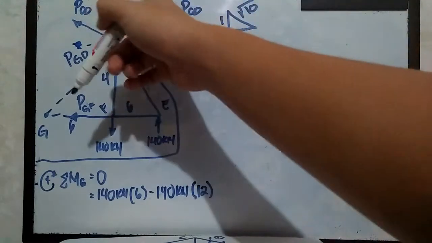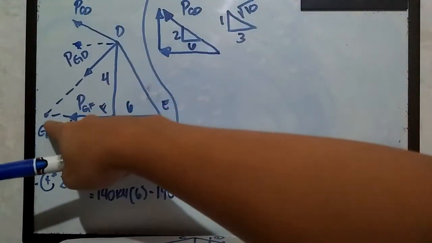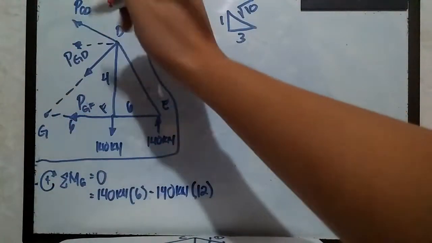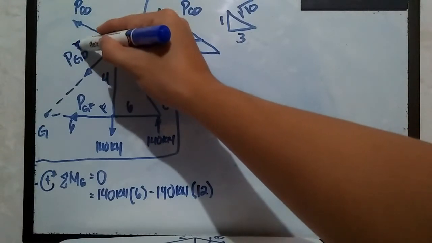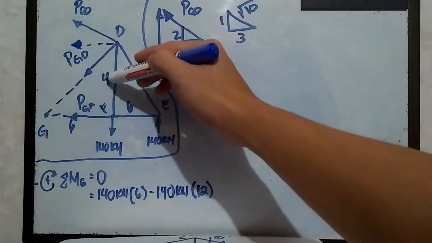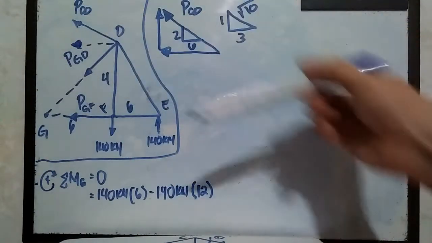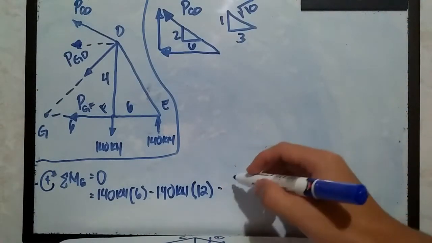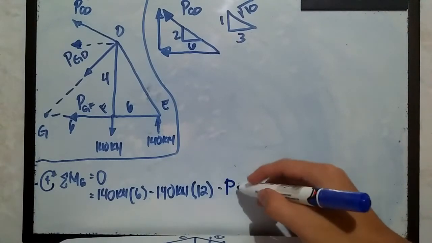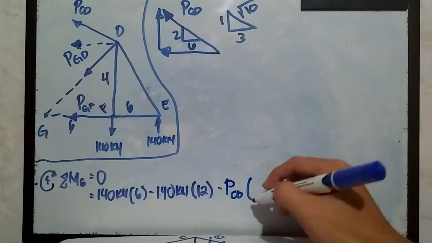So the perpendicular distance from G to this force acting along the horizontal axis is 4 meters. So the rotation is counterclockwise, so negative. P sub CD multiplied by the slope.